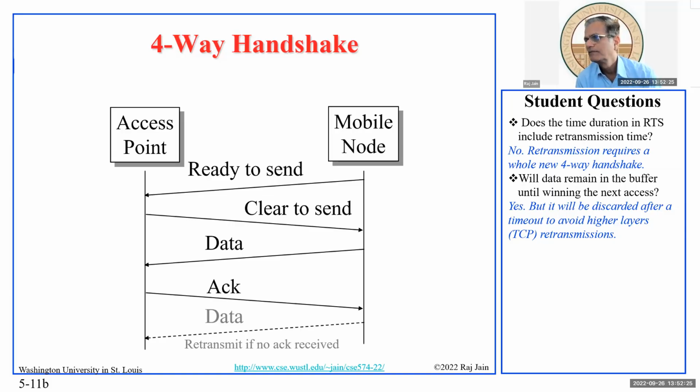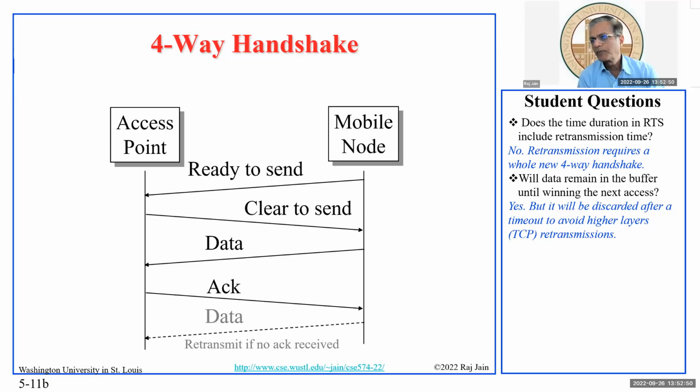Question: for retransmission, do we need to do those DIFS and backoffs and things, or just after we understand that the packet failed, we just do the RTS, CTS, data, and ACK? No. You have to do everything. You cannot just run the RTS right after your ACK is not received.